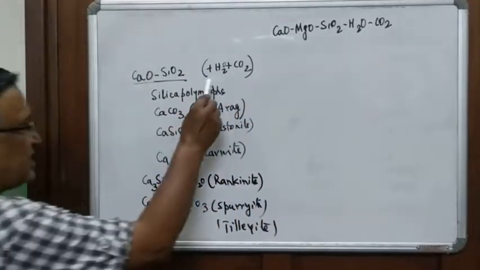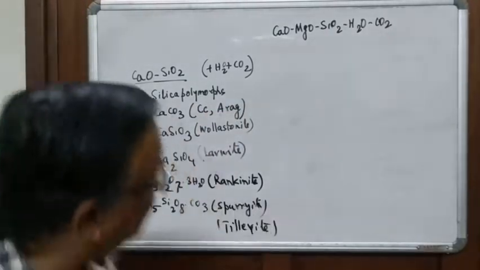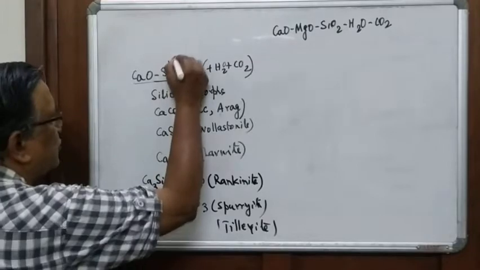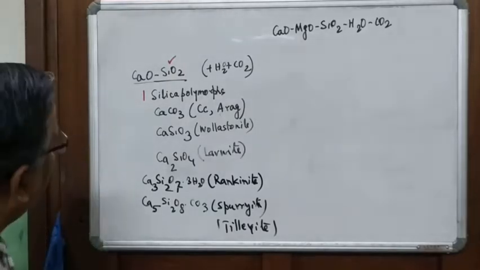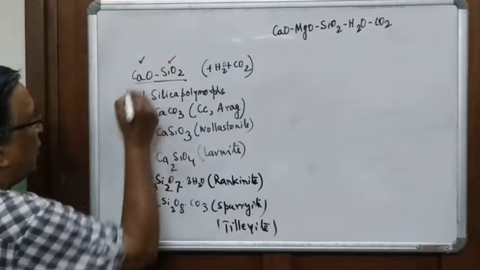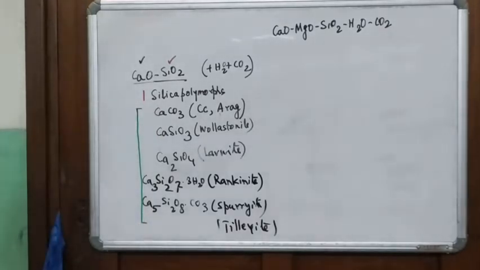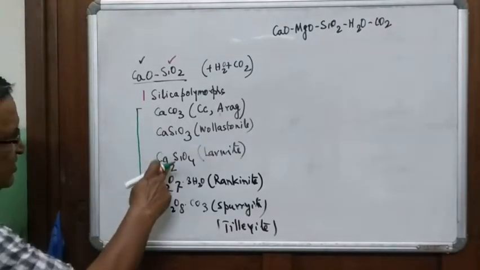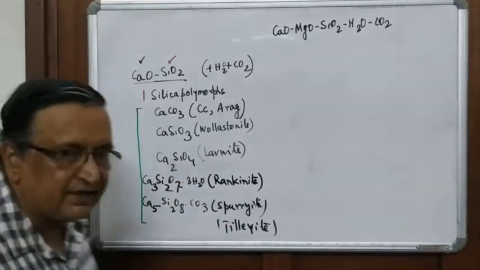So if I take SiO2 only, then you have only the silica polymorphs. But if I change the system to include CaO, then you get more minerals that are possible. So you get calcite, you get wollastonite, you get larnite, you get rankinite, spurrite, and tilleyite.